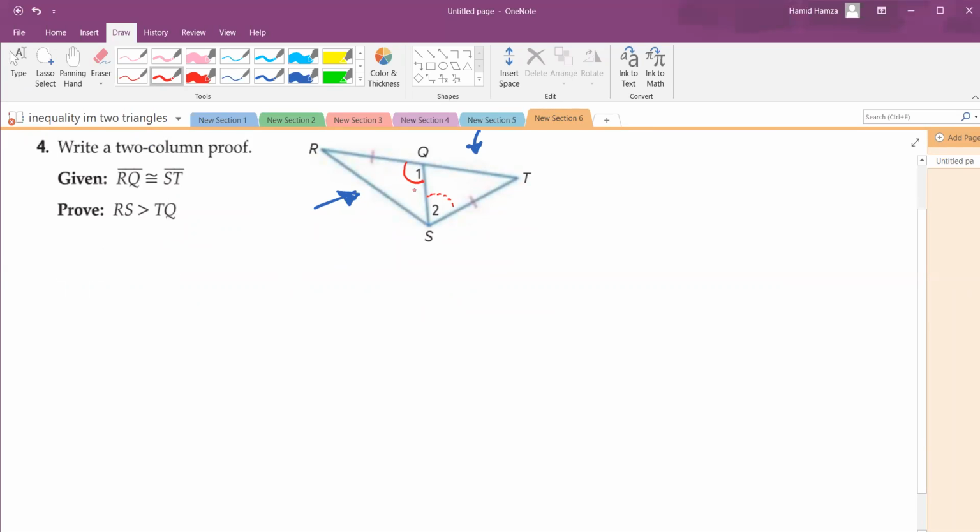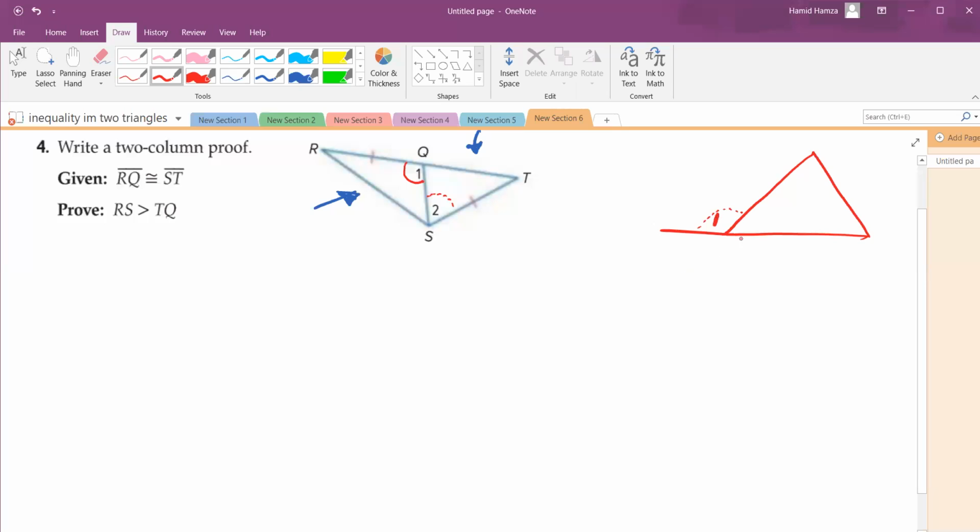Guys, angle 1 is greater than angle 2, and what is the reason? Let me remind you. What if I have an exterior angle?